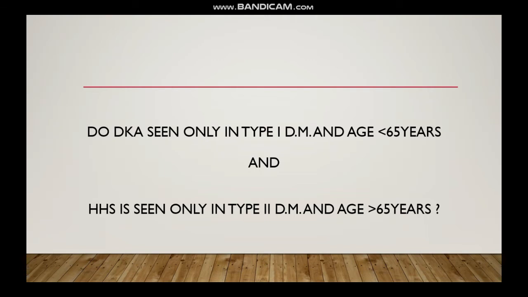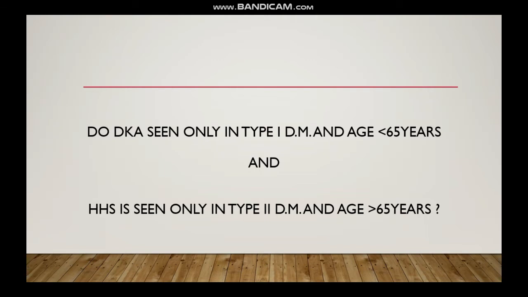Is DKA seen only in type 1 diabetes mellitus at an age of less than 65 years, and HHS only in type 2 diabetes mellitus at an age of more than 65 years? It's a big question, because in the books and other discussions it's very simplified: in type 1 diabetes and age less than 65 we see DKA, and in type 2 DM and age more than 65 we see HHS.